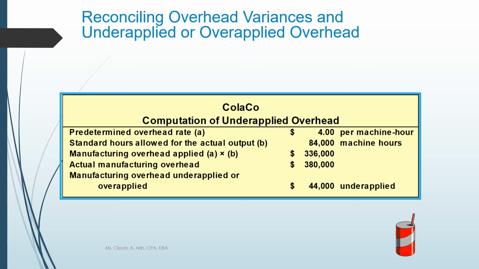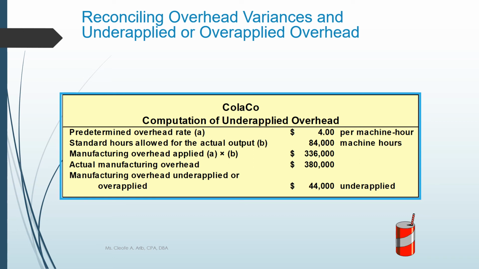Kasi kung fixed lang yan, that should be 3. And then the standard hours allowed is 84,000 hours. Again, paano na-compute yung 84,000? If you recall, nakapag-produce ka ng 28,000 units and then yung allowed lang na oras per finished unit is 3 hours per unit.